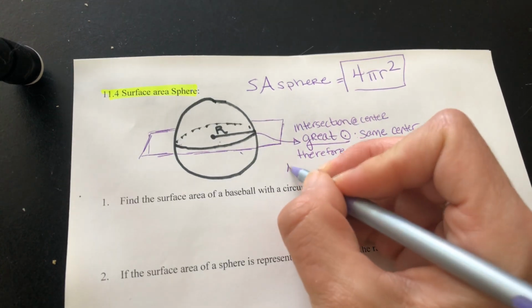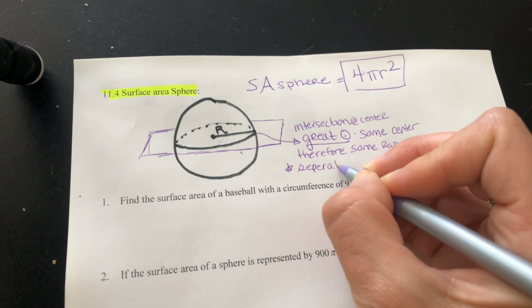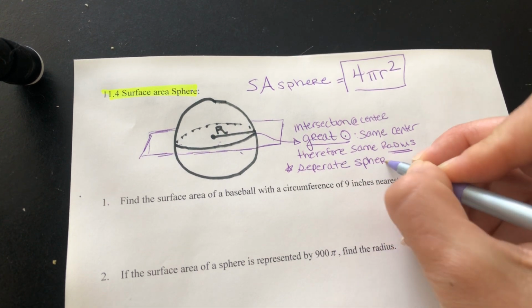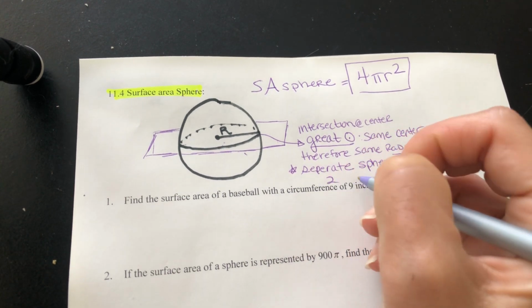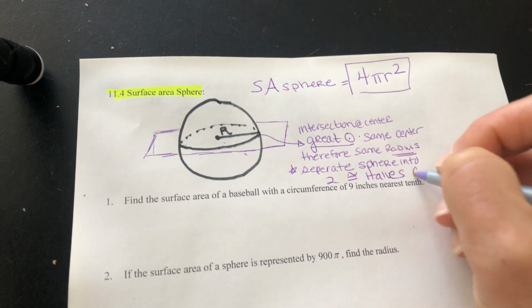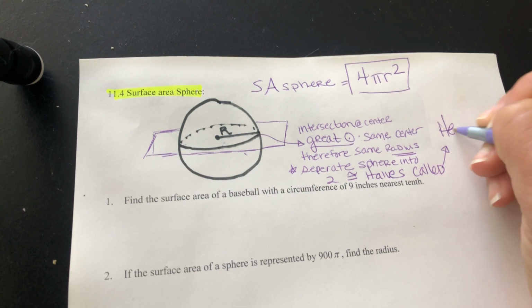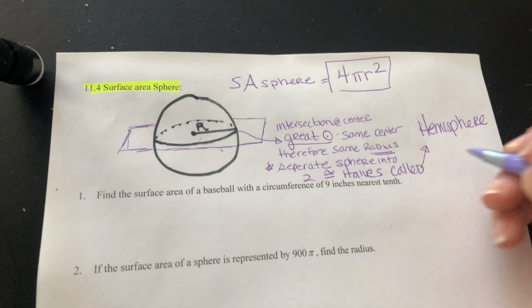But the main thing I want you guys to know is it does separate the sphere into two congruent halves called hemispheres, because we do need to know the hemisphere. So it separates them into two congruent hemispheres.